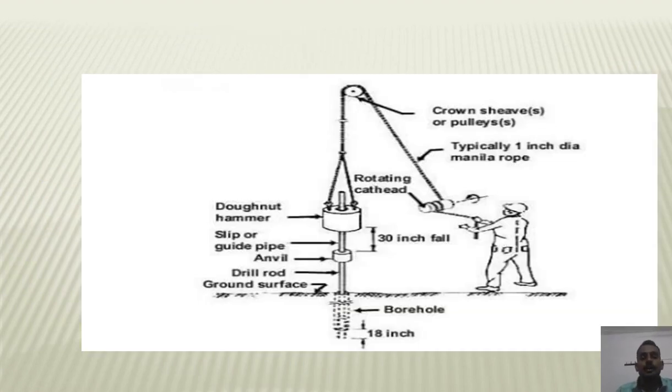This is a pictorial representation of a standard penetration test where a hammer or a drop weight of 63.5 kilograms is dropped from a height of 75 centimeters with the sampler being connected at the bottom end. The sampler consists of a cutting edge at the bottom. The most commonly used sampler is the split spoon sampler.